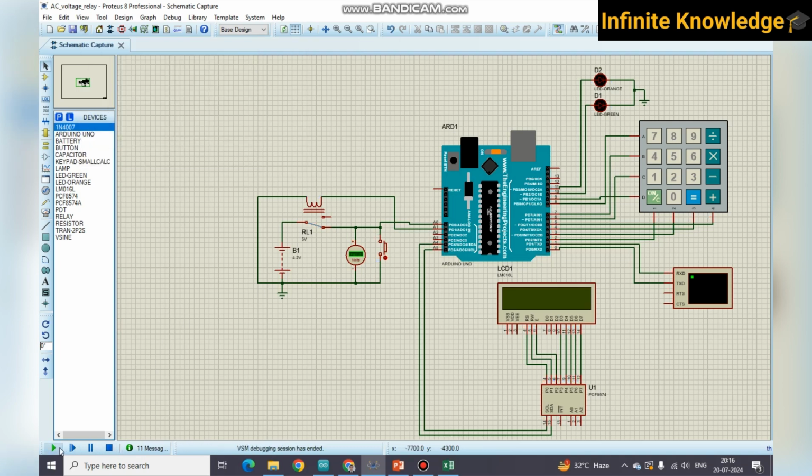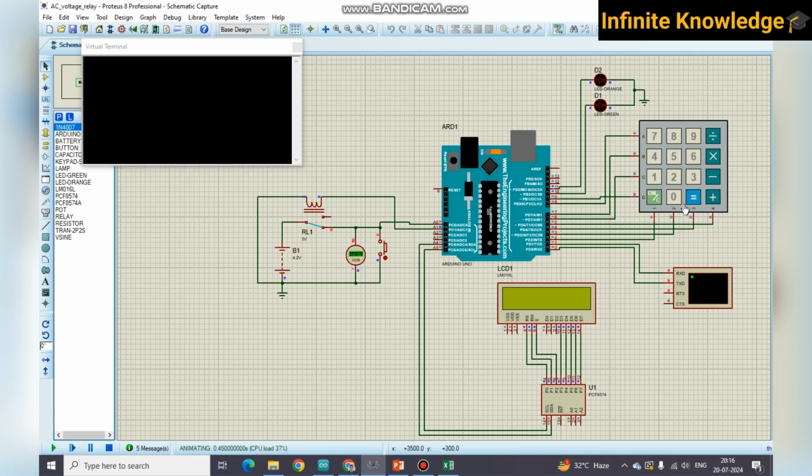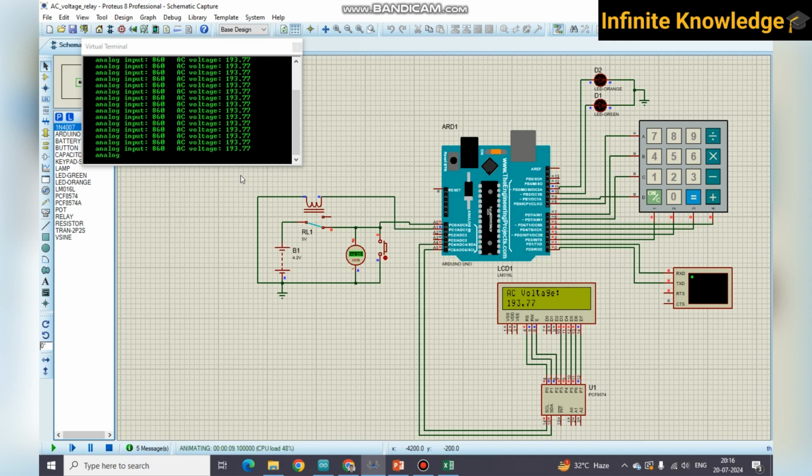You need to press only one key, and usually we have considered TMS as 1. So 250, then TMS is 1, then 210 under voltage level, below which we need the tripping. Okay, so as you said, 190, 193.